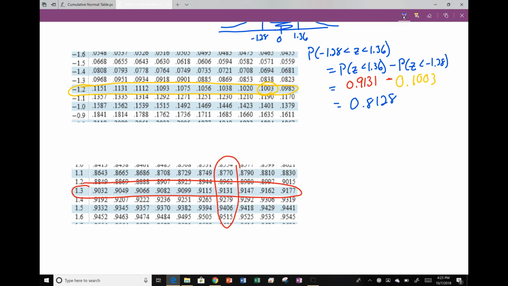I cannot end up with a negative value. So if you accidentally subtract and get a negative value, you might want to just rewrite the order that you're looking at. When you are looking at between two values, you're going to need to do some subtraction. Subtract with the probabilities. Do not subtract these z-scores and try to find a single z-score. We want to find the difference between their probabilities, not between their z's.